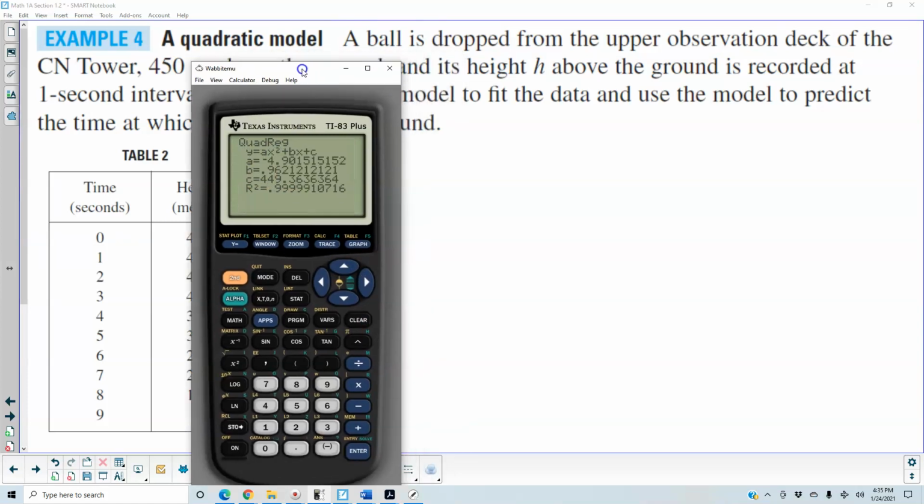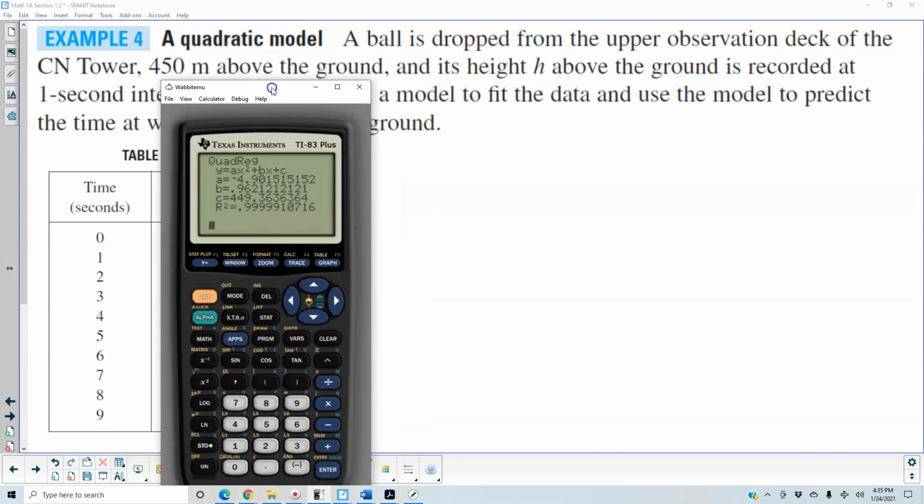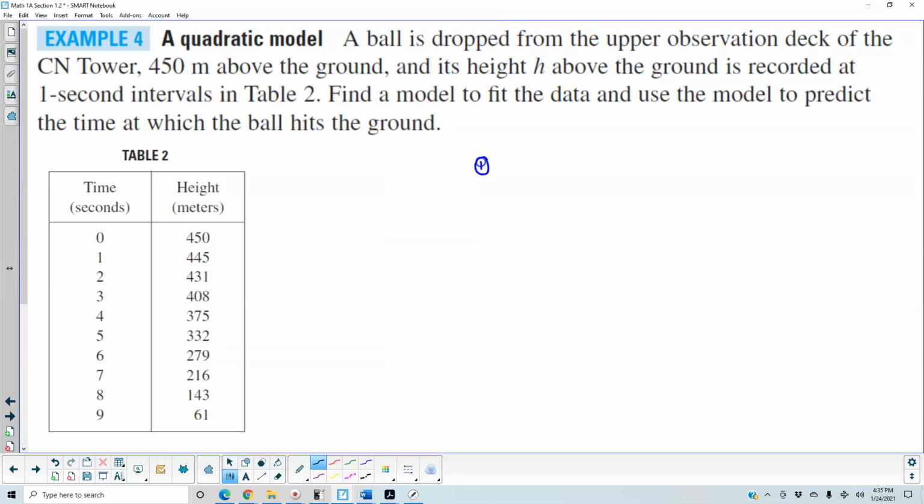So what we know is that our function looks like y equals ax squared plus bx plus c. Now we need to write down what a, b, and c are in our calculator.